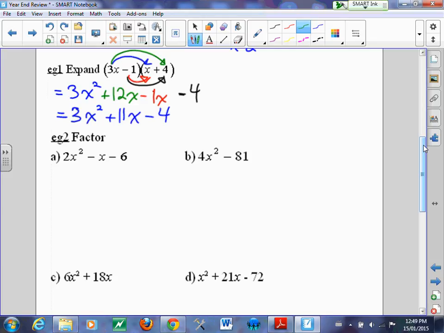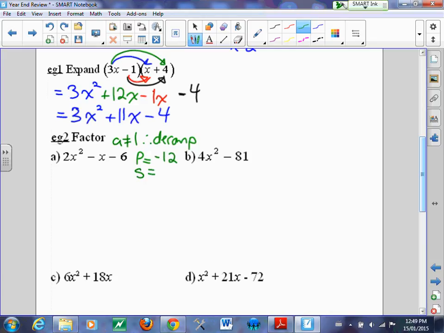So first of all, we got to realize that we're doing trinomial factoring. And how do we tell, again, if the trinomial is decomp or simple? Well, you look at A. A does not equal 1. Therefore, we're doing decomp. Okay? So to do decomp, remember the product equals A times C. So the product is going to be 2 times negative 6, which is negative 12.